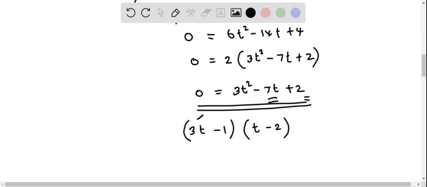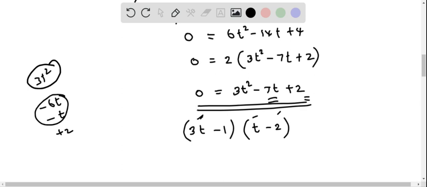This is 3t times negative 2 is negative 6t. 3t times t is 3t squared. Negative 1 times t is negative t. Negative 1 times negative 2 is positive 2. So we have 3t squared, this is minus 7t, and this is plus 2, which is what this expression is. So it is perfectly correct.